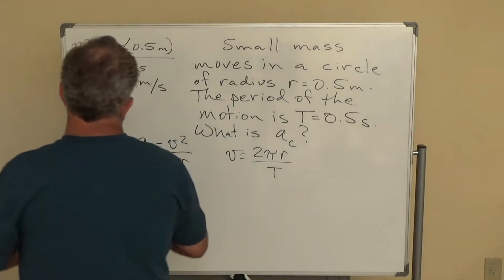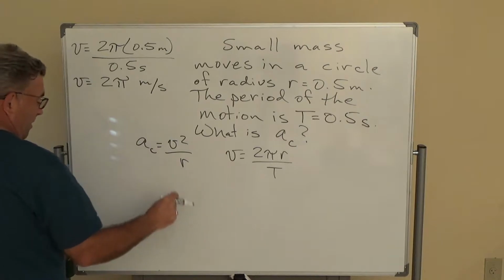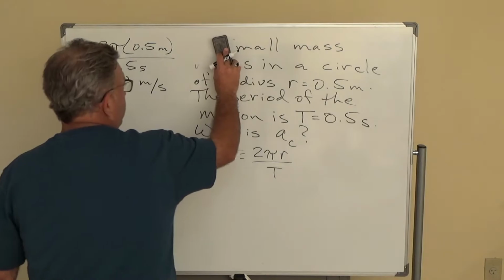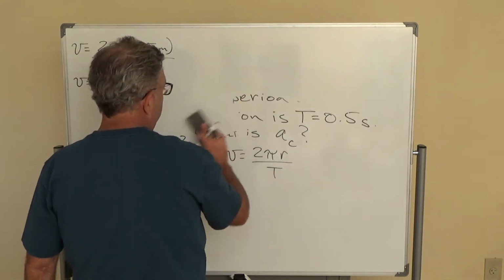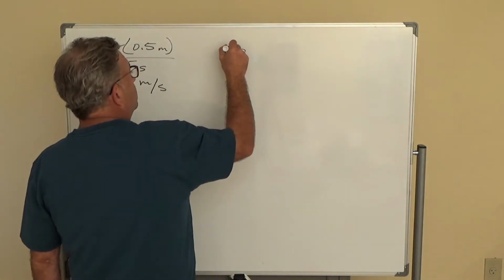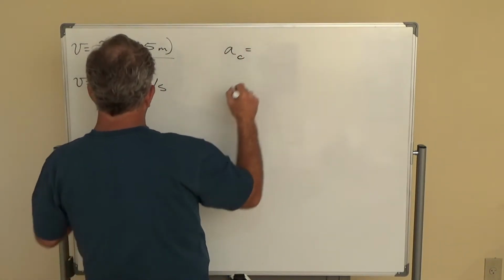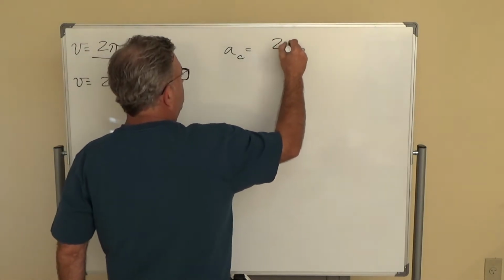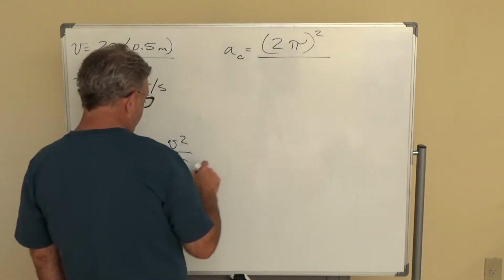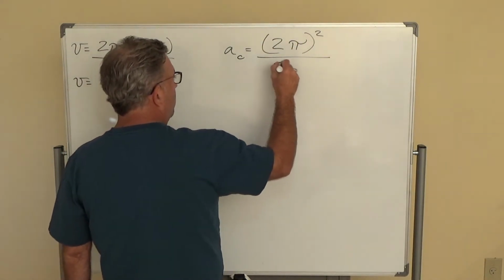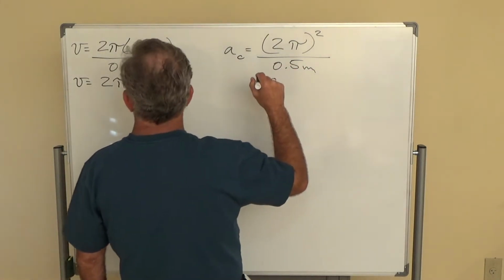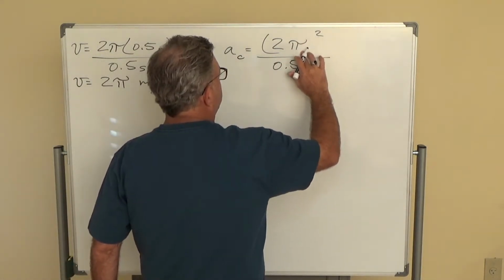Okay. So I'll plug that in here. A sub c is equal to v squared, so you get 2 pi squared divided by the radius, which was 0.5 meters. Let me put the units in here.